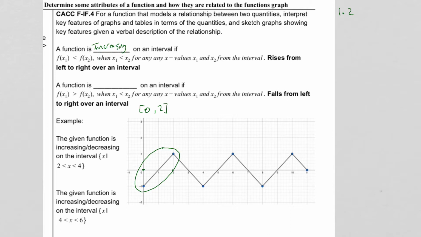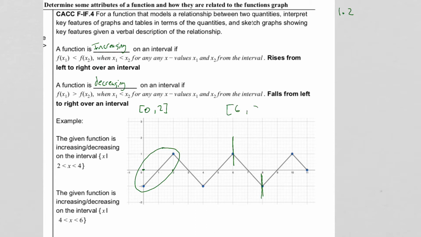A function is decreasing on an interval if, I'm not even going to read that whole mess. It's the same math jargon, just basically the other direction. And an example of a decreasing function on an interval, well, here's an interval, between 6 and 8.